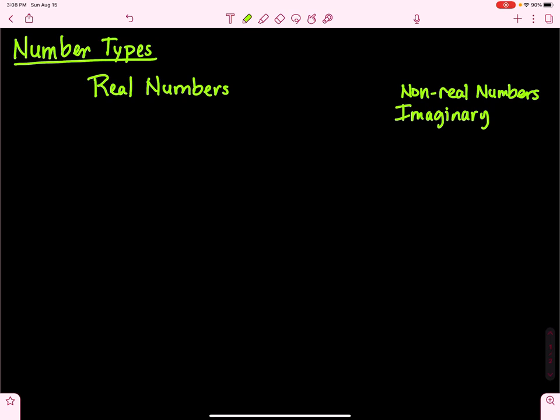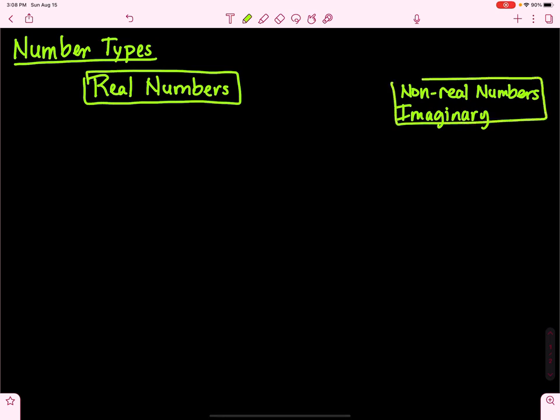All right, so we have real numbers over here versus non-real numbers or imaginary numbers over here. I am going to talk about non-real numbers first because we're not going to spend a lot of time on these. We will talk about these later in the year, but your imaginary numbers include things like taking the square root of a negative.